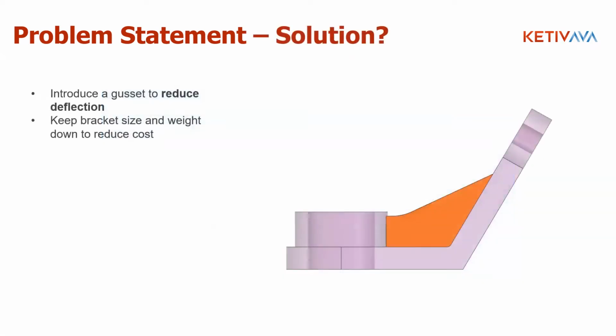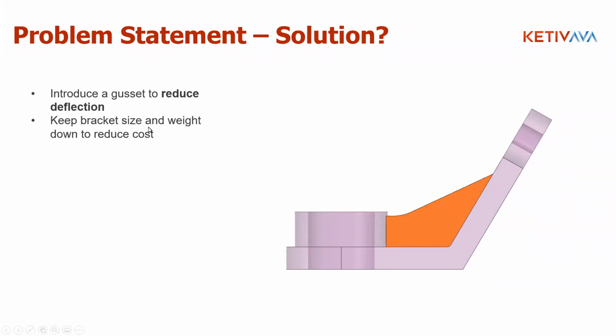And the weight for this bracket is going to be important for whatever reason. It could be for shipping cost, or even a reduction in the size of anything that we introduce can reduce the cost. So we're going to introduce a gusset to reduce that deflection from the bracket. And it's highlighted here in orange.